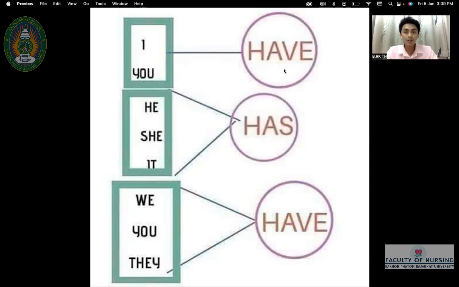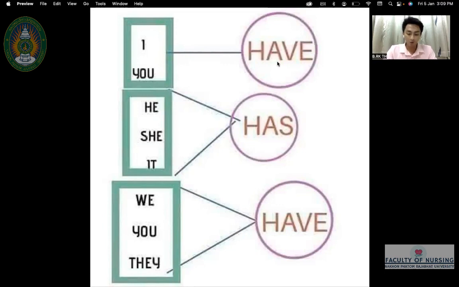These words are used if someone or something has, possesses, or owns something. For example, you can say, I have an iPhone. So use the word have. And if you want to describe a third person, you can say, he has an iPhone or she has an iPhone.